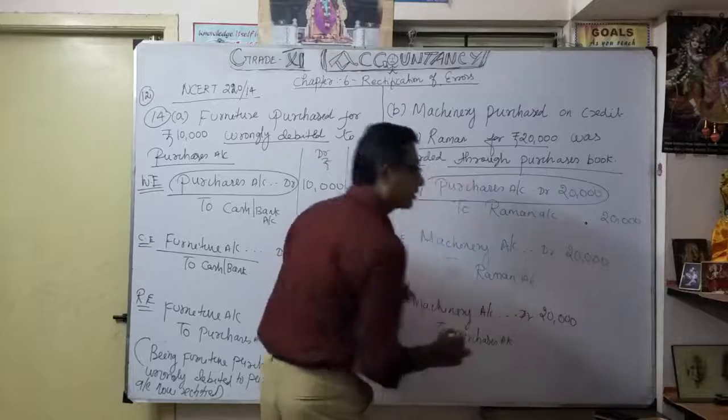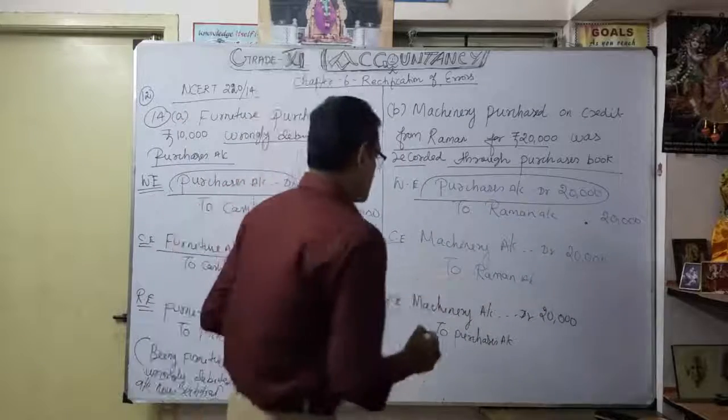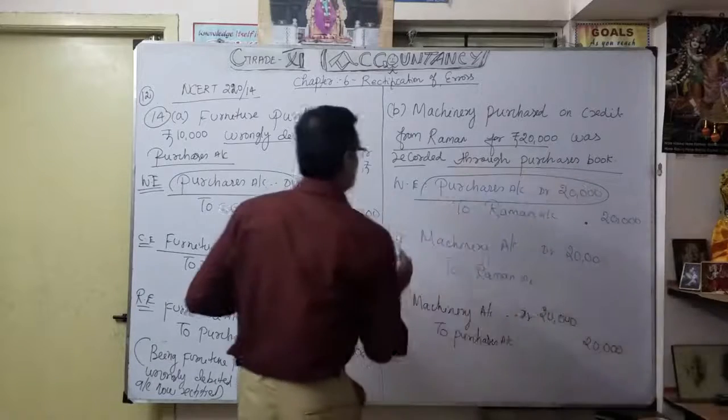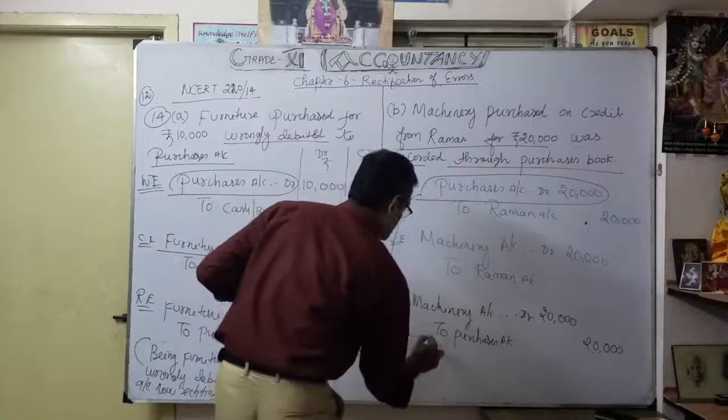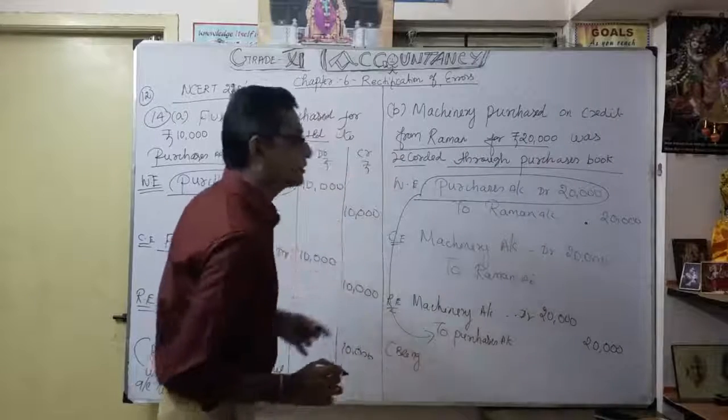Because earlier I wrongly debited, now for rectification we have to credit purchases account 20,000. So narration is, being machinery purchased.